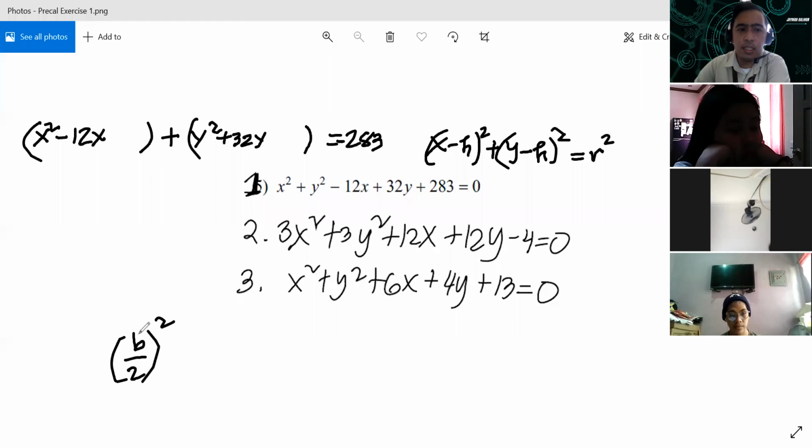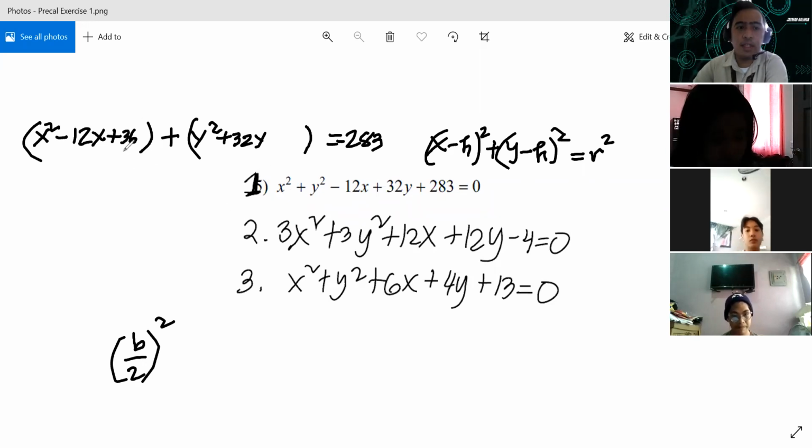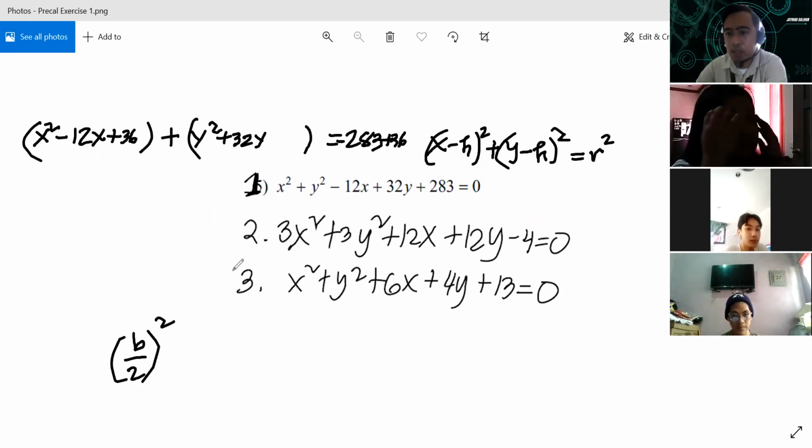You will get this b from the numerical coefficient beside x. So in this case, that is negative 12 over 2, that is negative 6. Take the square, that will be positive 36. You add 36 here, you should add also 36 in this portion, because this is an equation.